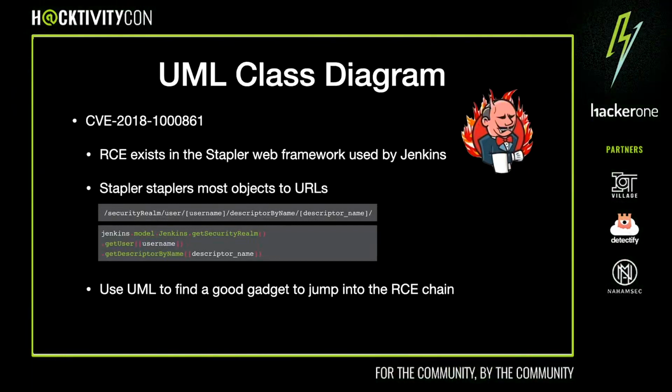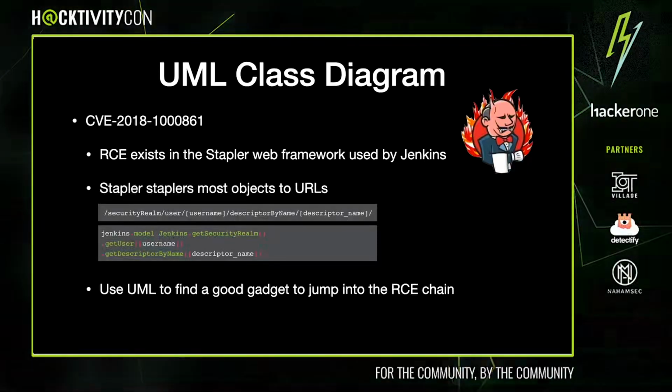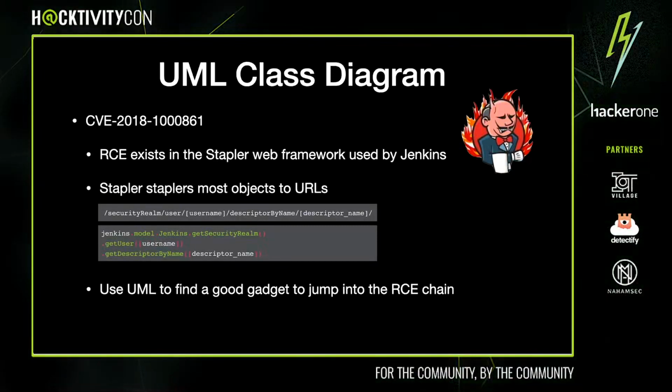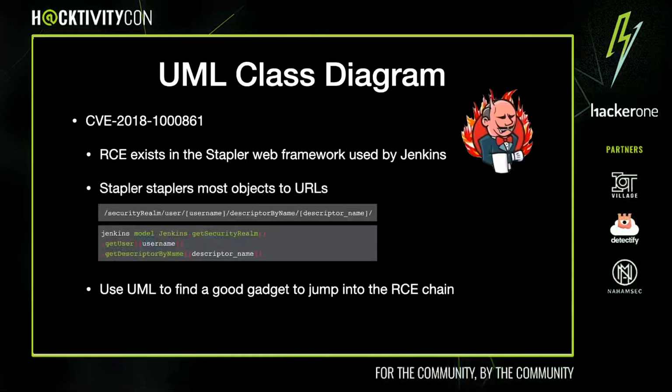You can see it on the slide. The Stapler web framework staplers most objects to URLs. Therefore, all we need to do is to find good gadgets to chain all together in order to achieve remote code execution.